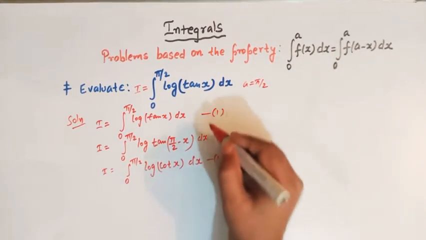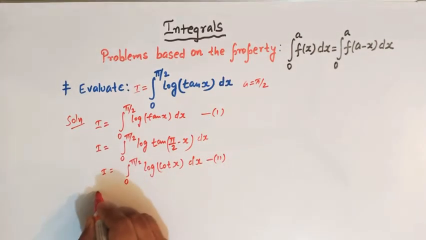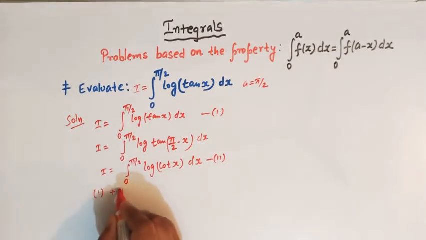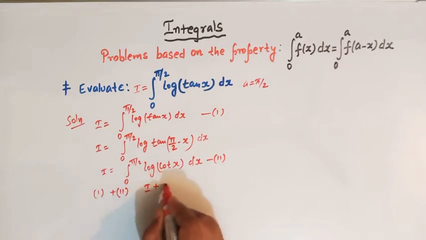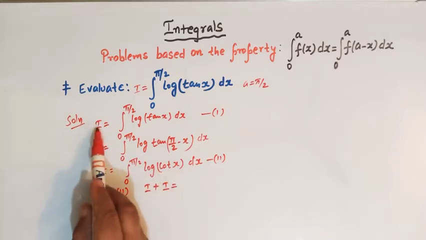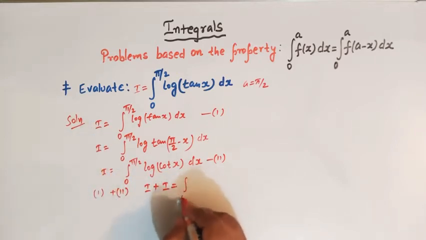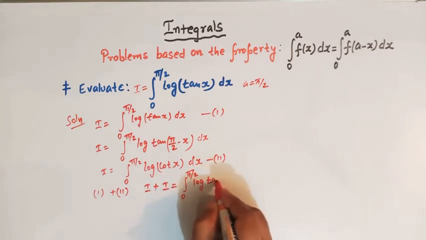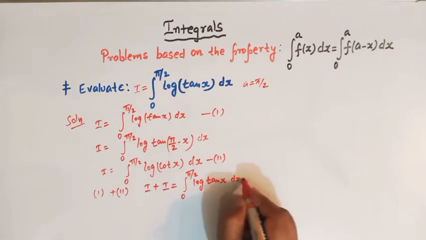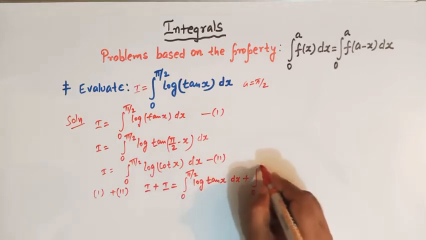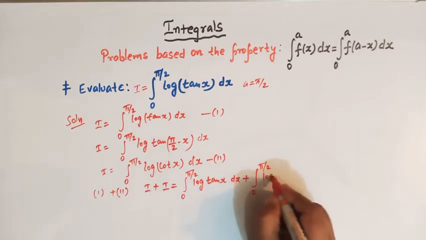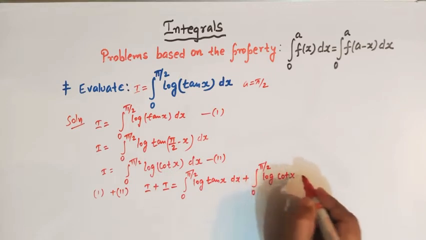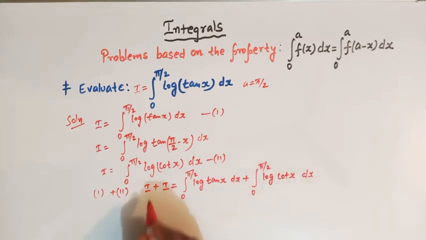So now what we will do, we will add equation 1 and 2. So we have I plus I, and then we have integral from 0 to pi by 2 of log tan x dx plus integral from 0 to pi by 2 of log cot x dx. Now I plus I is 2I.